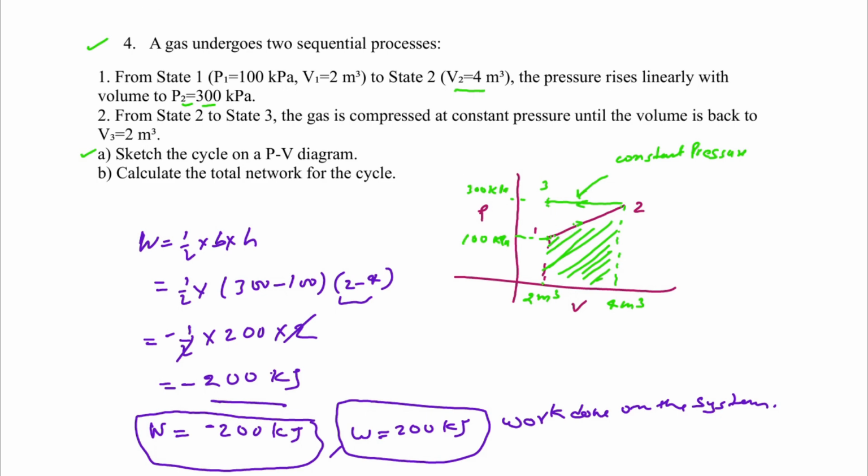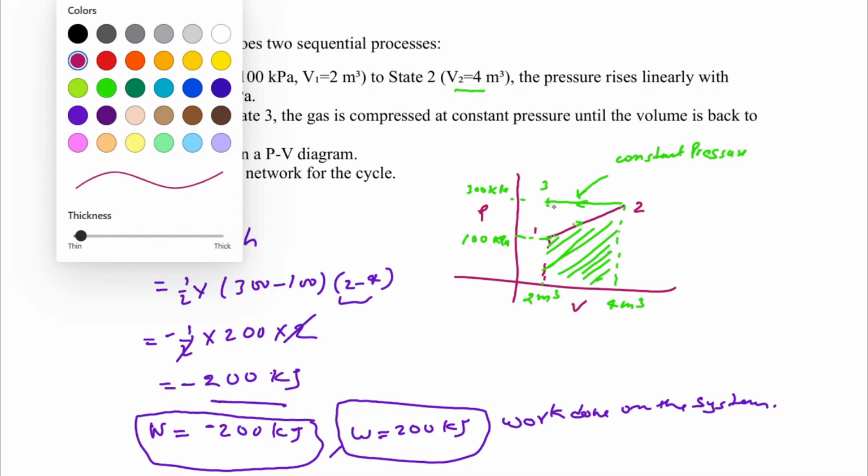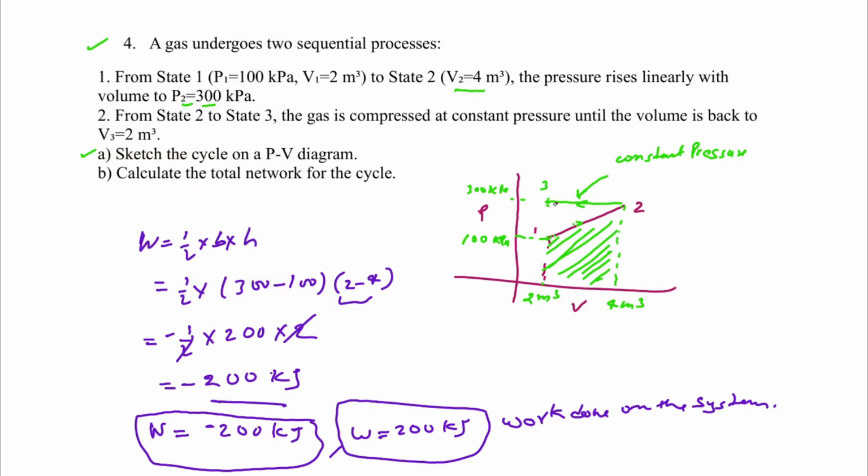And for process 2 to 3, the work done is the area under this curve, which is equal to this one. But the work from 1 to 2 is common, so this will cancel out, and only the net work remains, which is this triangle.